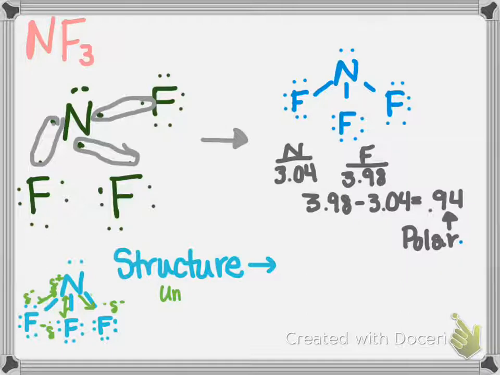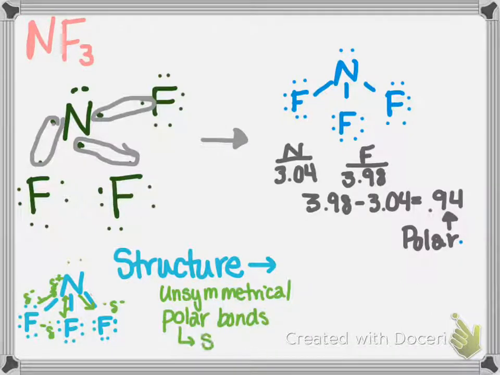Okay, with that, we have an unsymmetrical structure because we have these 2 valence electrons on top of nitrogen, which are actually going to be pushing down, okay? We already have polar bonds, but that pushing down causes the nitrogen to be slightly higher, meaning that they're not going to be on the same plane. So this is going to be trigonal pyramidal as opposed to planar, okay?